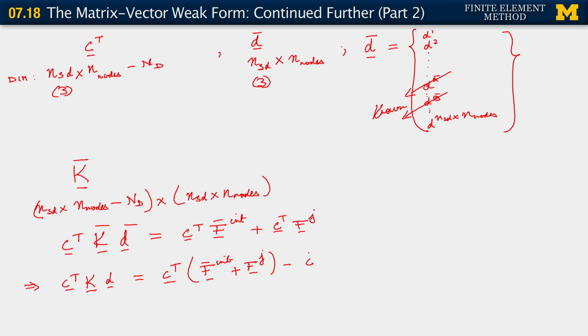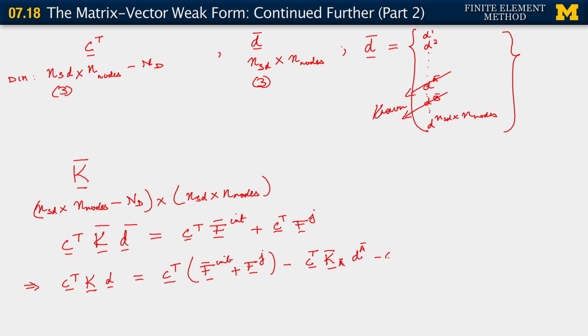minus C transpose times K bar. Now for K bar you will have the A bar column times the dA bar degree of freedom. The dA bar degree of freedom here is just a scalar.